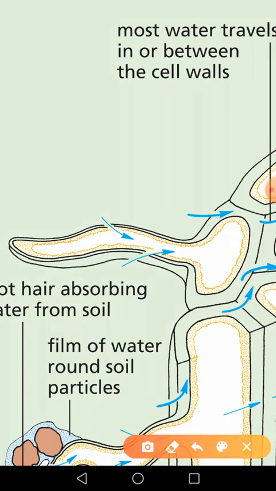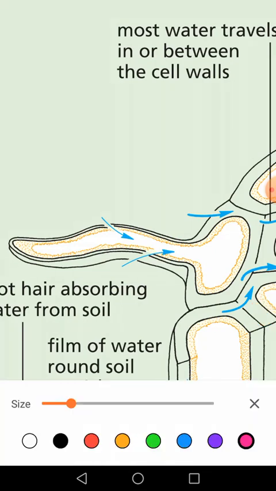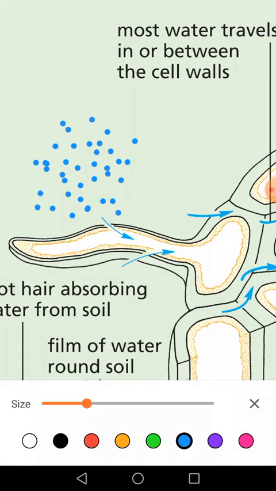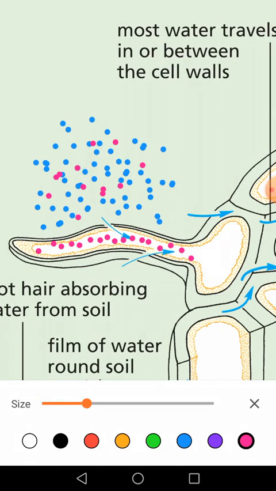Let me draw it in this manner. For example, the blue is the water. The soil contains water, and the soil also contains some salts, the mineral ions, but the root hair cell already contains a lot more mineral ions than the soil.